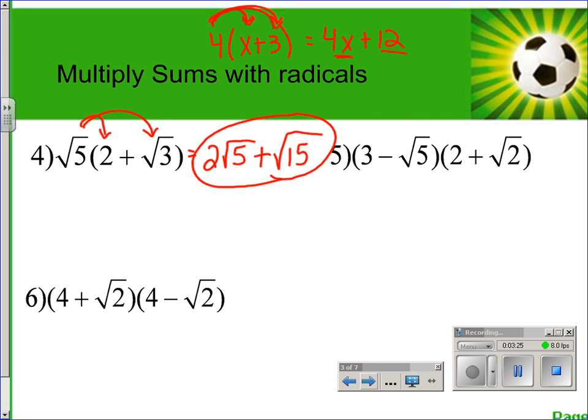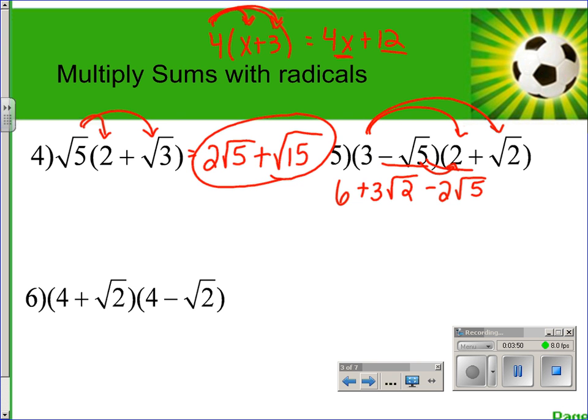Let's look at number 5, double distributions. We're going to start with 3. 3 times 2, 6. Now take the 3 times the square root of 2. One's outside, one's inside. So do not make it 6. Now be careful, we have a negative square root of 5 times 2. So a negative 2 square root of 5.